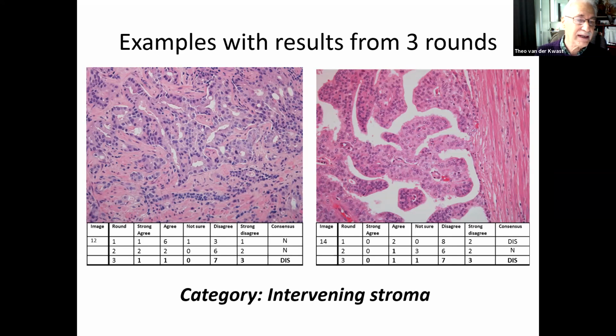There was one person in the third round who strongly agreed with the statement, this is cribriform pattern. The image on the right side represents a ductal adenocarcinoma, which also may display, as mentioned earlier, a cribriform pattern. In this image, however, a consensus against cribriform pattern was obtained in the first, second and third round.